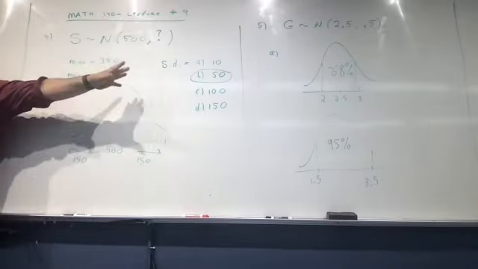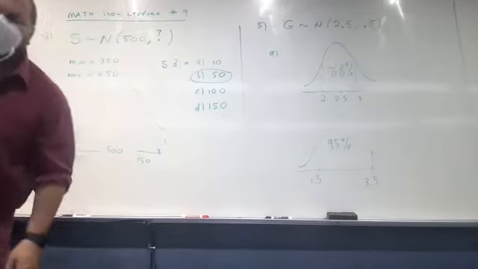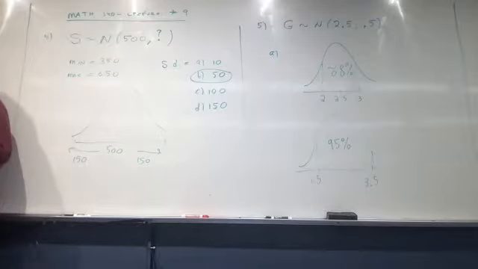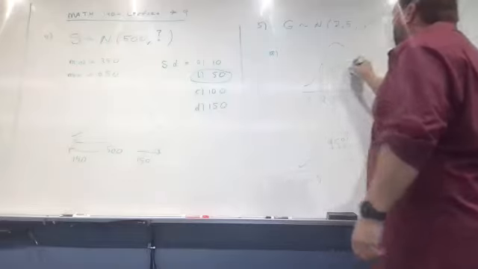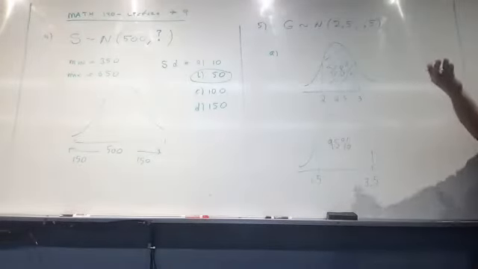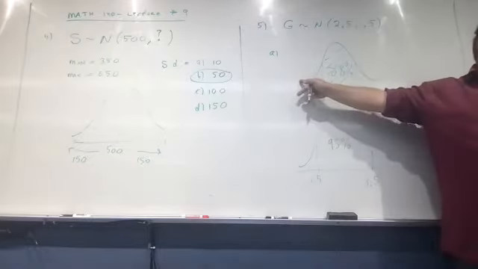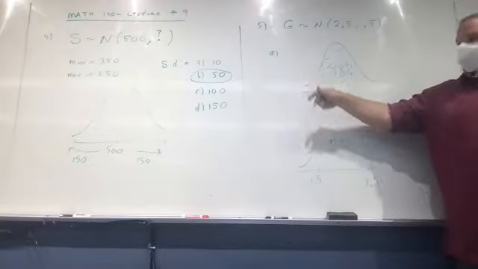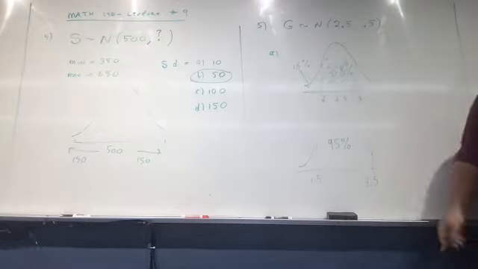It should be enough to understand why 16% are below 2. We know that there's 68% here in the center, which leaves how much not in the center? 32%, half of which is on this side, and the half that we want on this side. So how much is below 2? 16%, approximately.